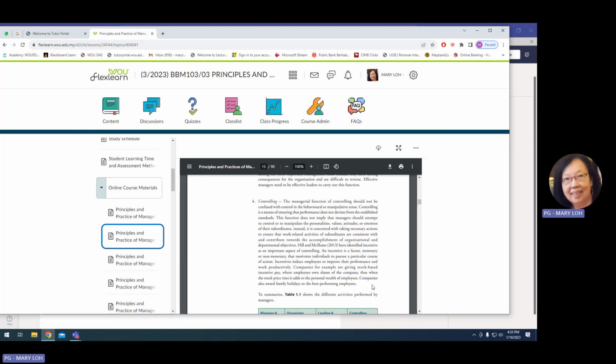So it's not just a matter of throwing in all the information and then praying and hoping for the best that you will get a good mark. You need to have an understanding of what the different functions of management are. If you can write in your own words, it is also fine.